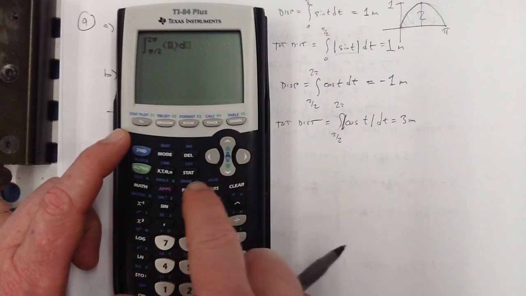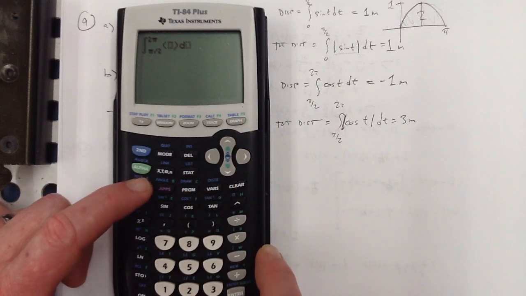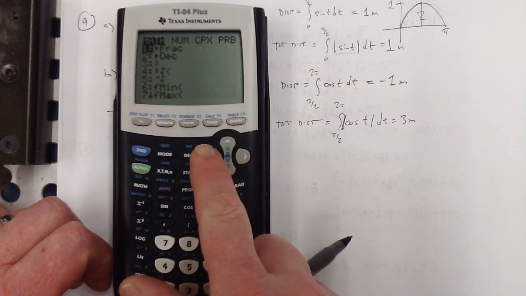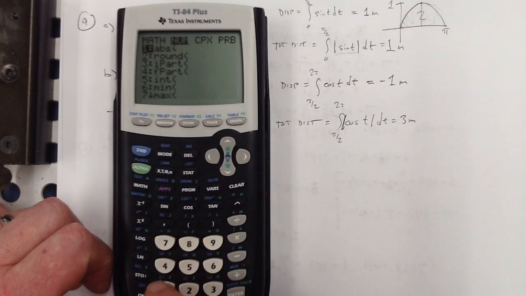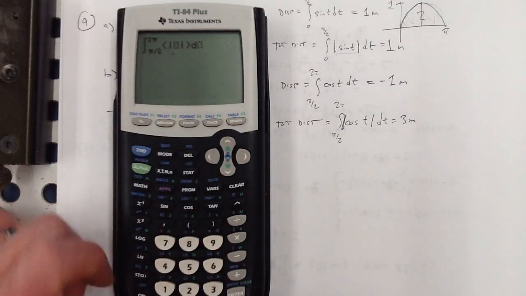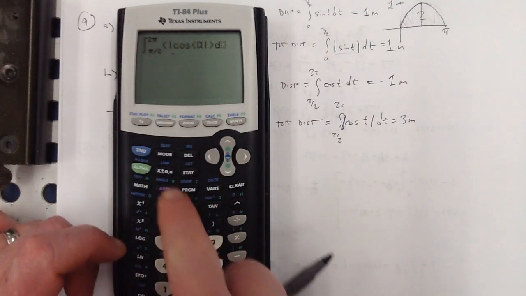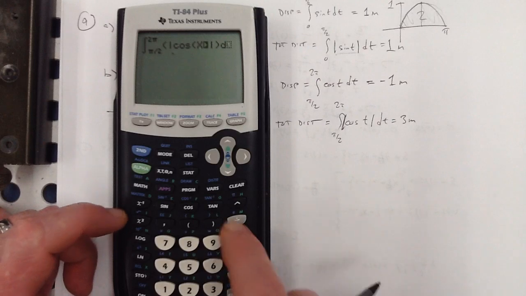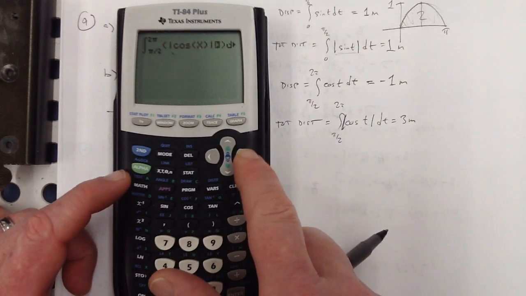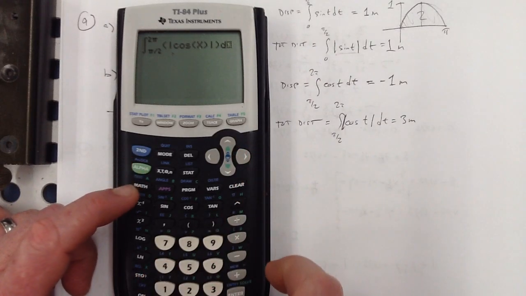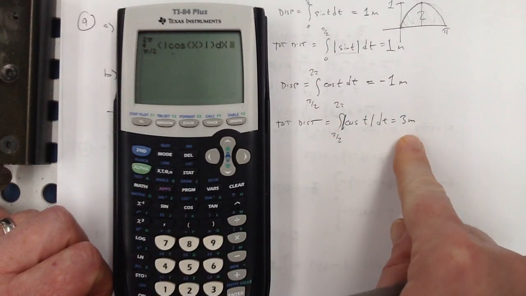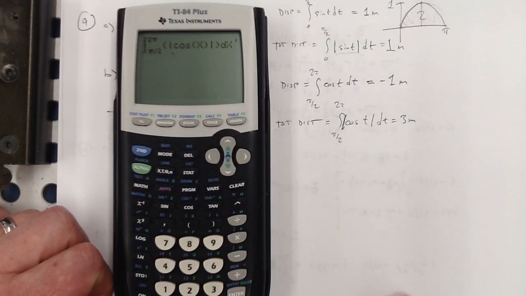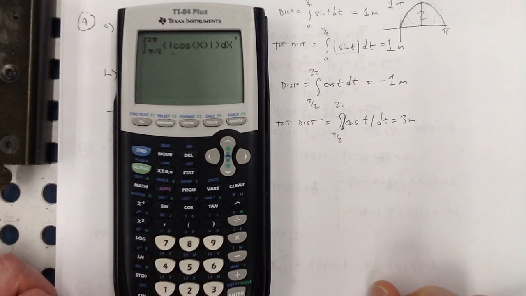And then in here, I want absolute value signs. Get those from the math menu over to number, and it's the first option. Absolute value signs there. And we want cosine, it's going to make an x instead of a t, that's fine. Dummy variable anyway. dx. And that's what we just did here, so that should give me 3.